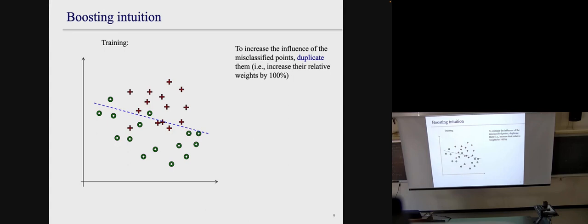So what you can do instead is to duplicate them. These are points for which the classifier made a mistake. So look here. There are 3 reds for which the classifier made a mistake. There's another red here. So there are 4 reds and 2 greens for which the classifier made a mistake. So what we can do is duplicate them. So here, now we have duplicated these points.